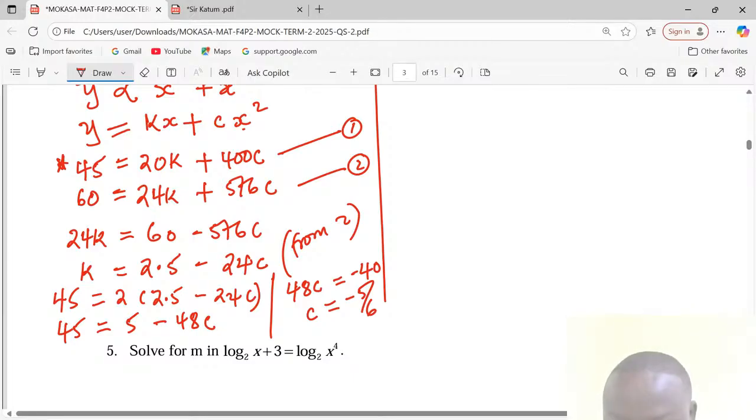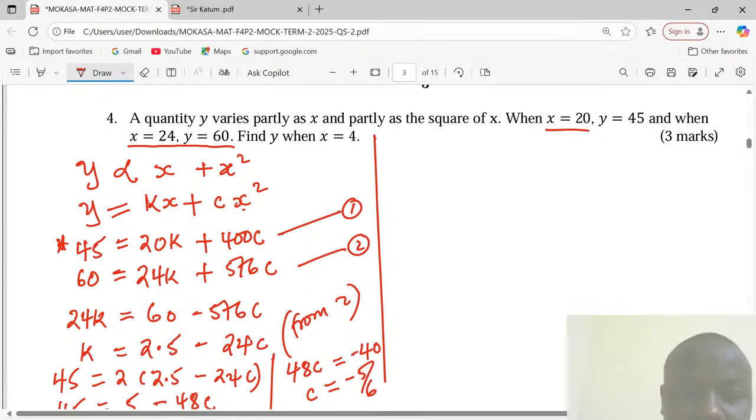Now that one constant is known, we can find the other. So let's talk about now the value of k.